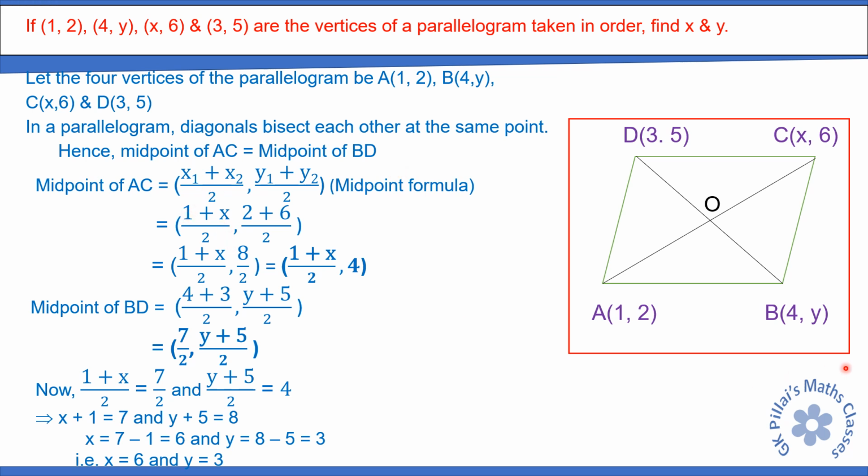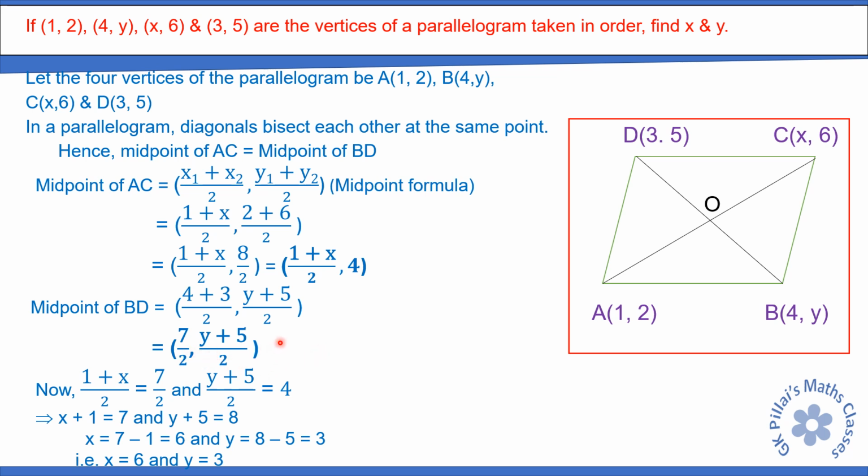So midpoint of AC will be 1 plus x upon 2 comma 2 plus 6 upon 2. Simplify, you will get 1 plus x upon 2 comma 4. Finding the midpoint of BD, it will be 4 plus 3 upon 2 comma y plus 5 upon 2. You will get this as the midpoint of BD.